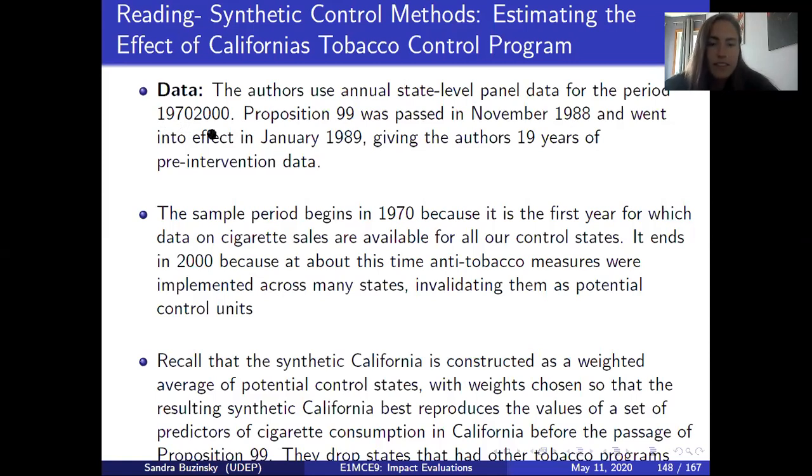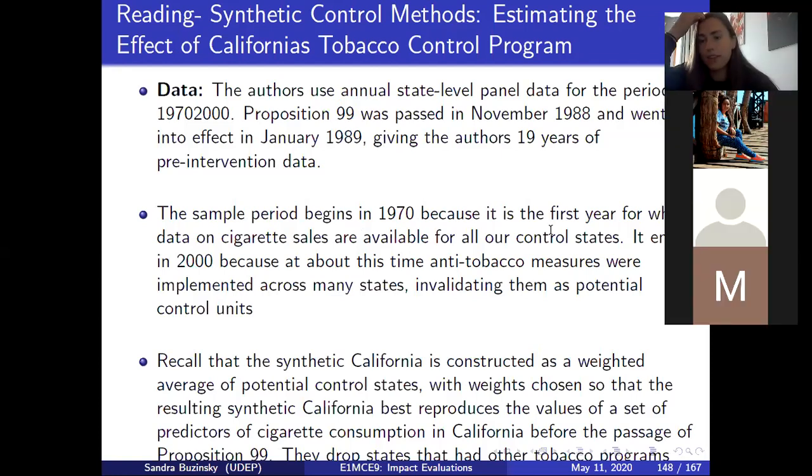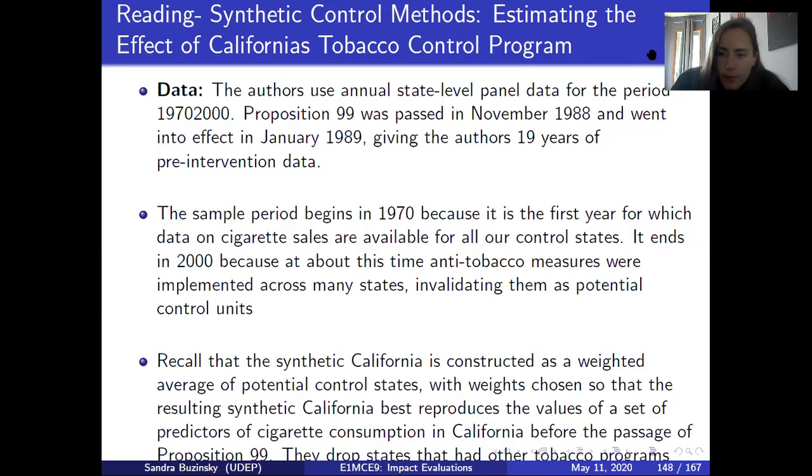So they have from 1970 to 1989. The sample period begins in 1970 because it's the first year for which data on cigarette sales are available for all the control states. That's pretty early to start anyways. Not many people have 19 years of pre-intervention data, but they couldn't get any sooner, so that's what they do.